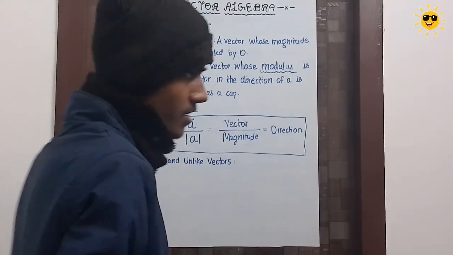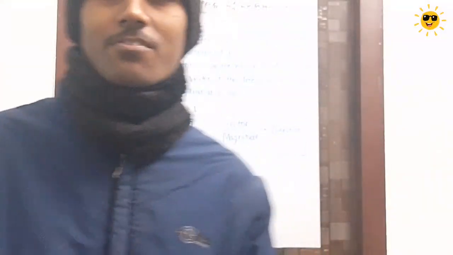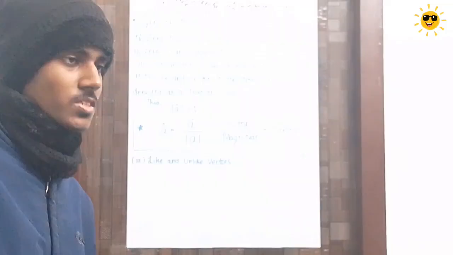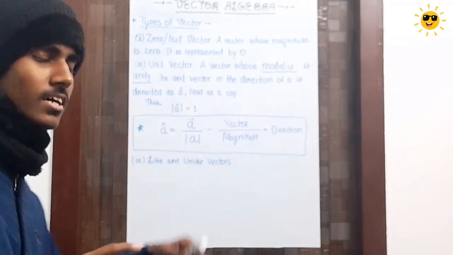We had already learned about like fractions and unlike fractions in our previous classes. With the same concept, we learn vectors also as like and unlike.